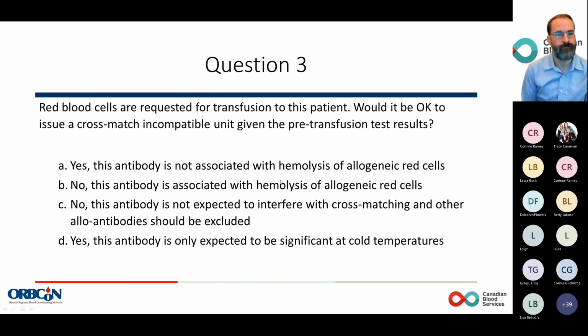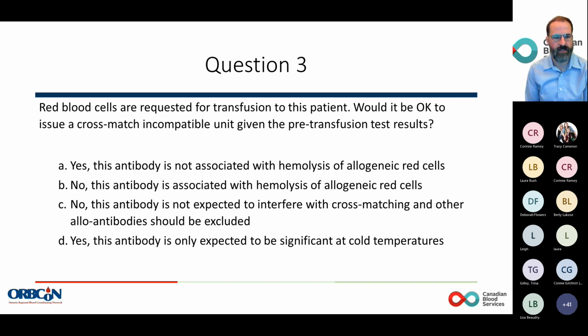Question 3, same patient, red blood cells are requested for transfusion. Would it be okay to issue a cross-match incompatible unit given the pre-transfusion test results? So there's a positive DAT, there's an autoantibody reacting with the patient's cells, and so given that, if we're ready to issue a unit but it's cross-match incompatible, would it be okay to issue that unit?